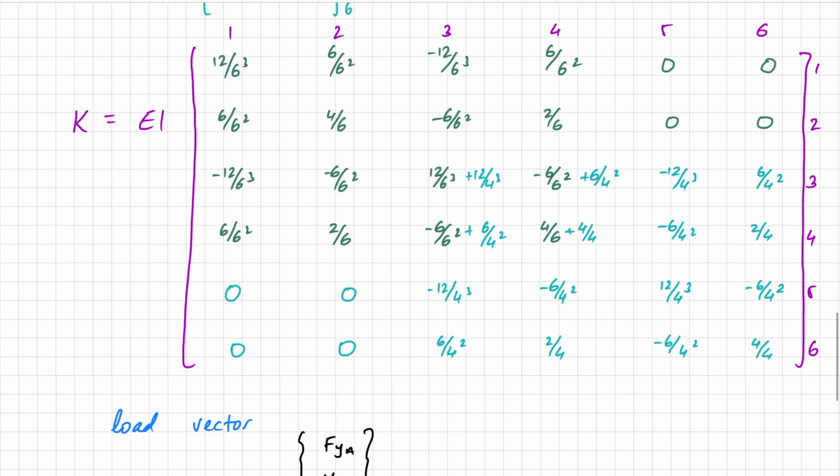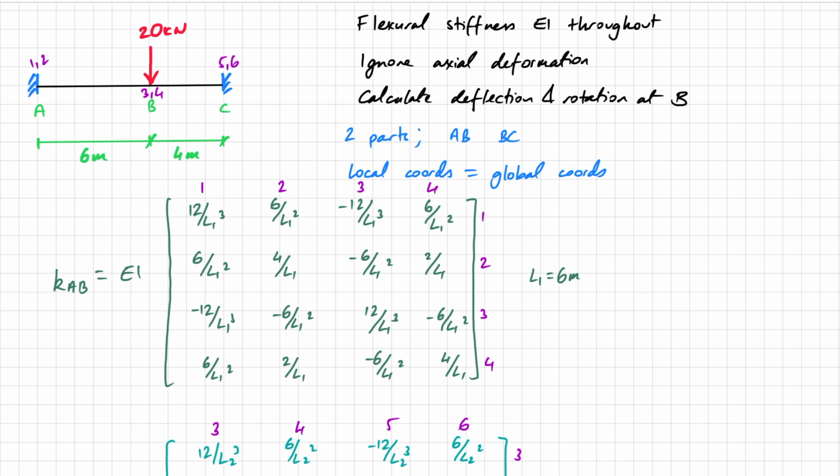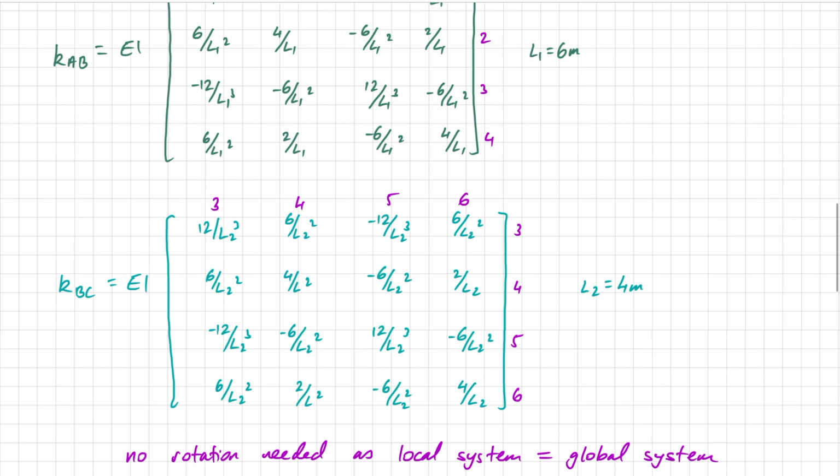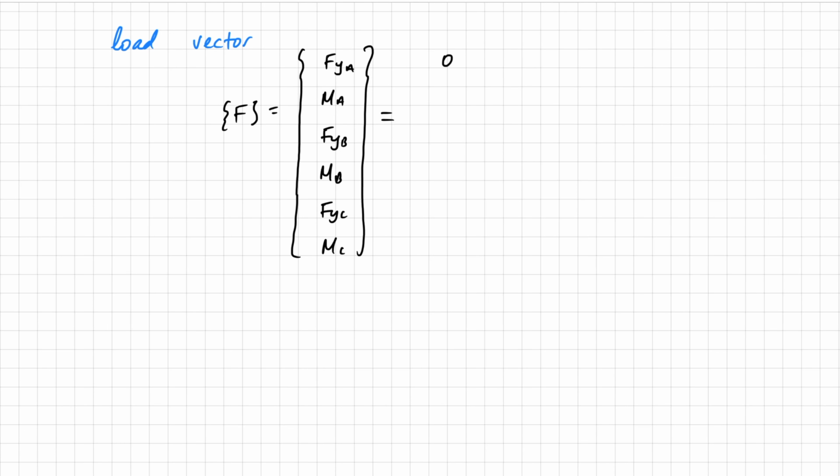We just had, if we scroll back up to the start of the question, a load of 20 kilonewtons at point B. Now it is a vertical load, in the direction of degree of freedom 3. So really I have 0, 0, minus 20, because it's in the negative direction, and the rest are zeros.